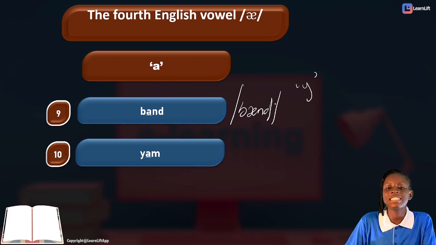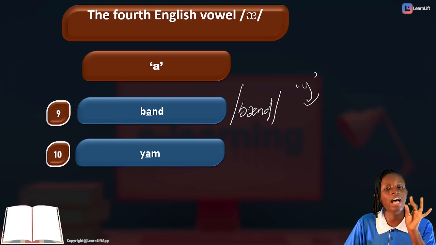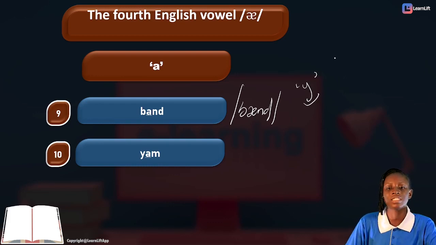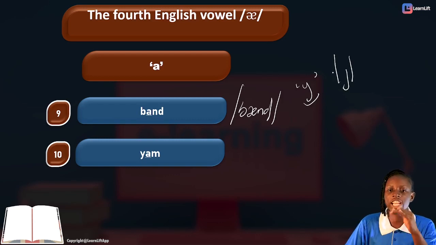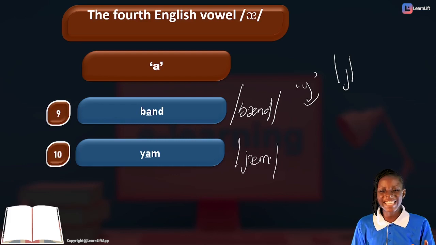So whenever I see letter Y or I hear the Y sound, I am expected to use what phonetic symbol? This. It looks like a J, but doesn't have the J sound. The Y sound. Okay, so now having yam, we have our word. I hope that was easy.